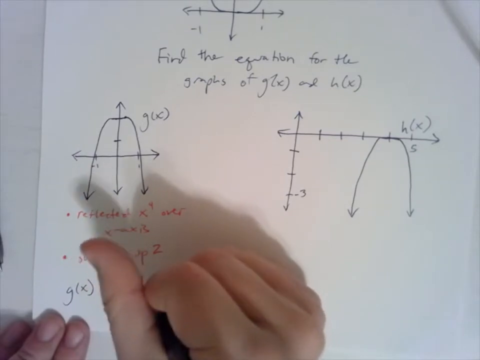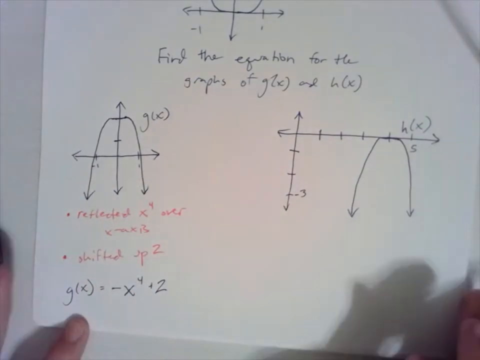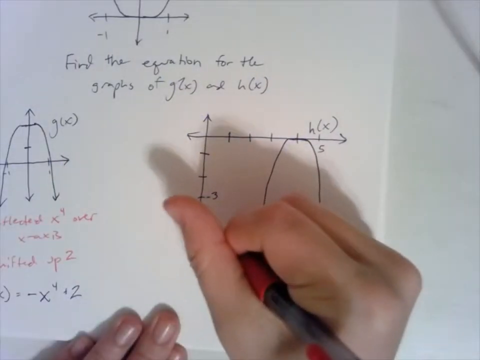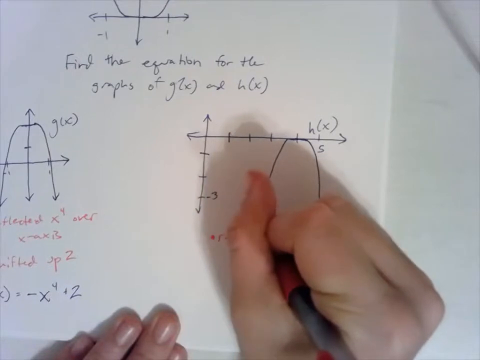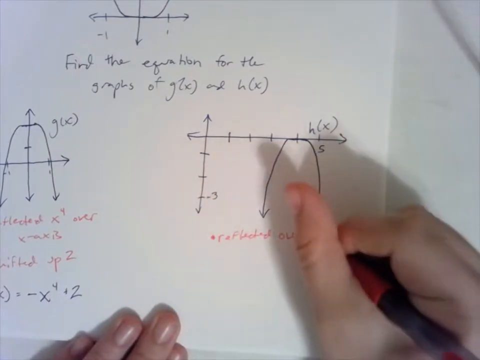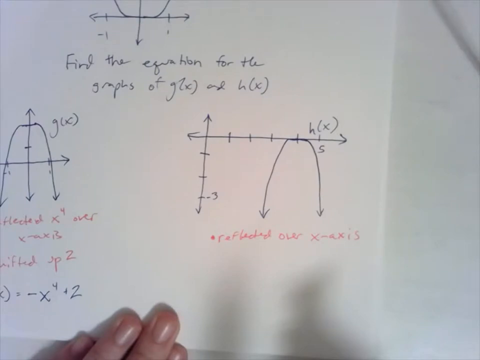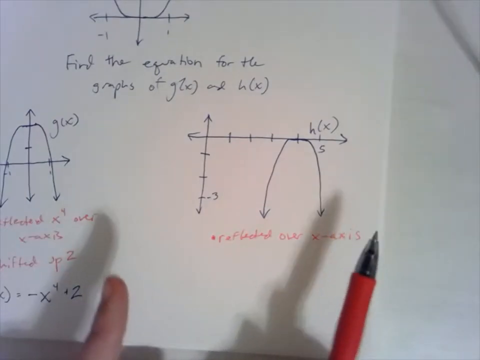Over here, for h of x, we can also tell that this one was reflected over the x-axis as well, because again, it went from an upwards facing function to a downward facing function. So that means that it reflected over the x-axis.